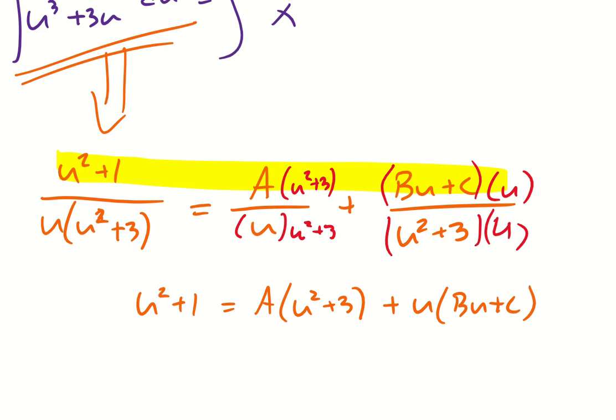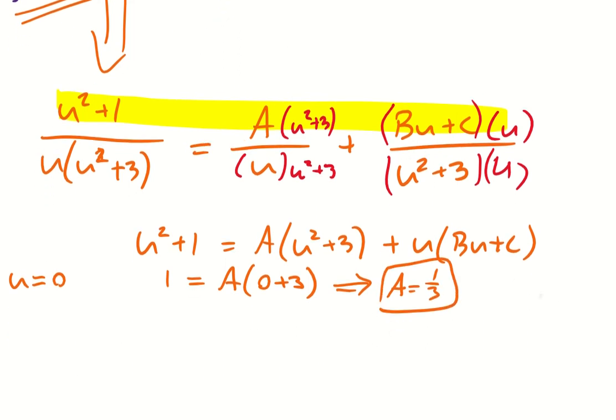The first thing to do is just say u is equal to 0, because that will wipe that expression out. So on the left-hand side, 0 squared plus 1 is just 1, is equal to A times the quantity 0 plus 3. So we have 1 is equal to 3A, and so A is equal to 1 over 3.